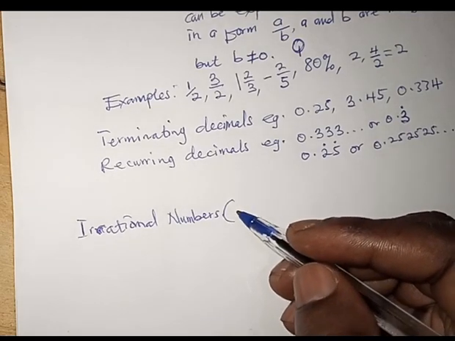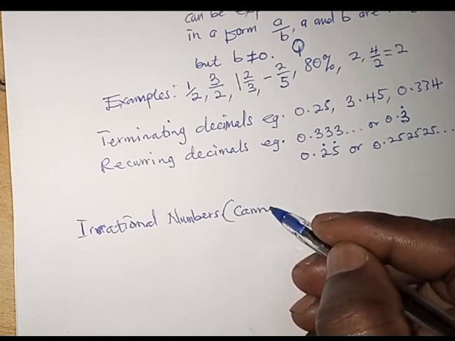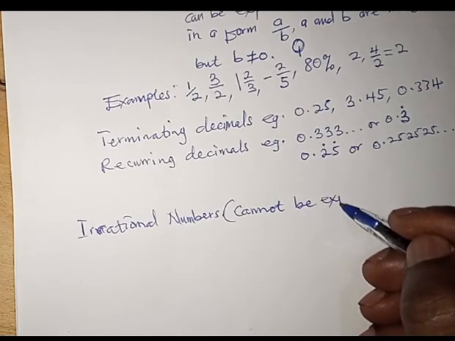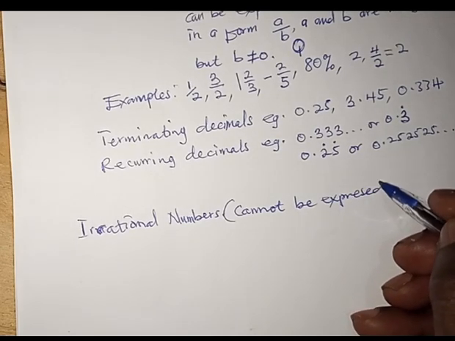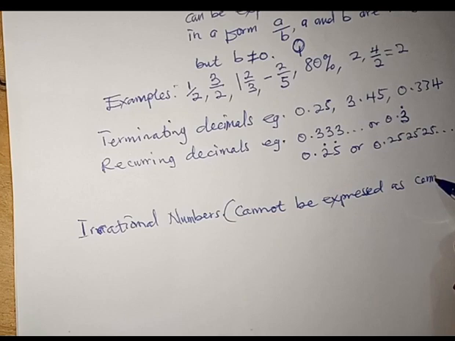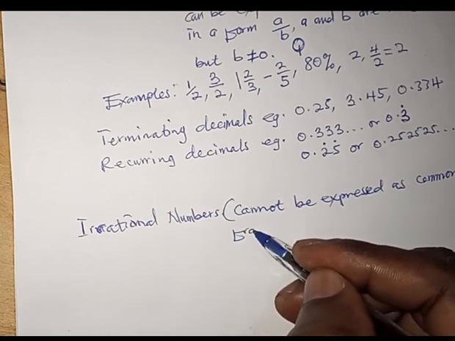So we say that irrational numbers cannot be expressed as common fractions.